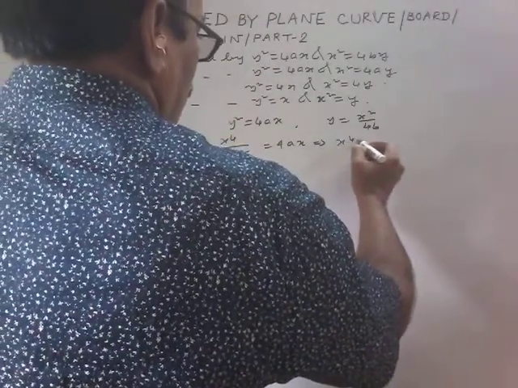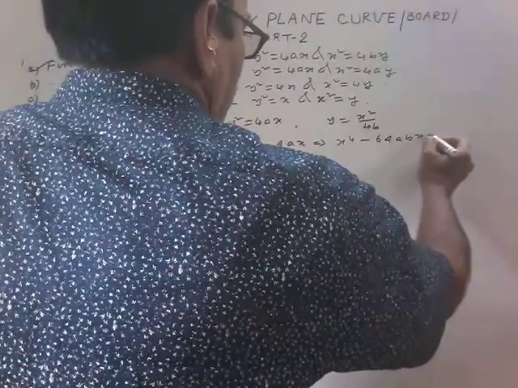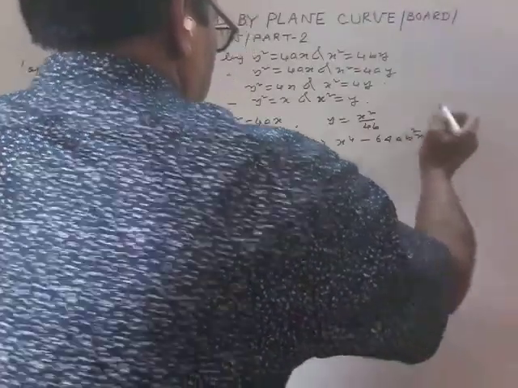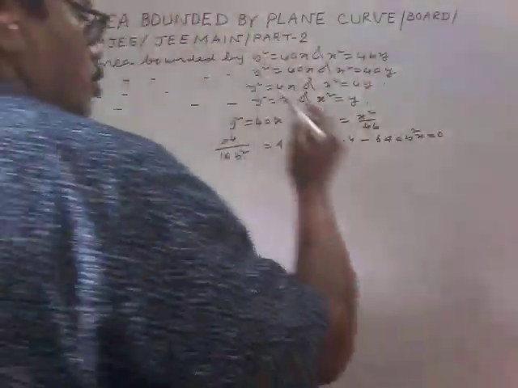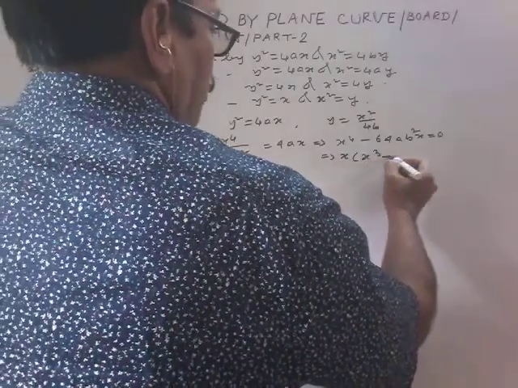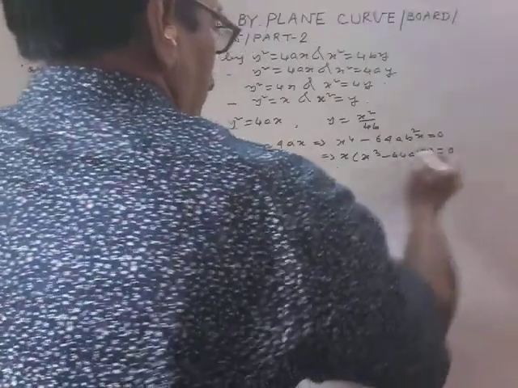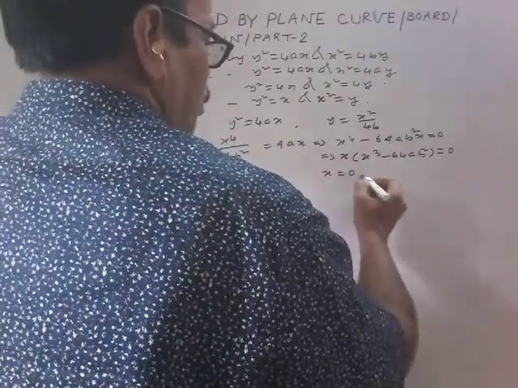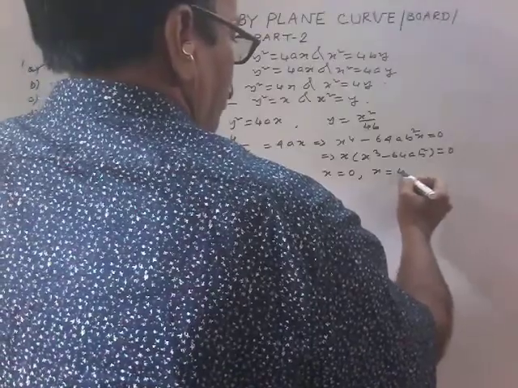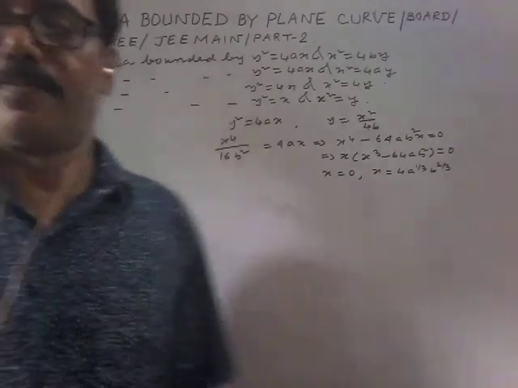So x to the power 4 minus 64ab square x equals 0. So x common, x cube minus 64ab square. This implies x equals 0 and x equals 4 a to the power 1 by 3, b to the power 2 by 3.